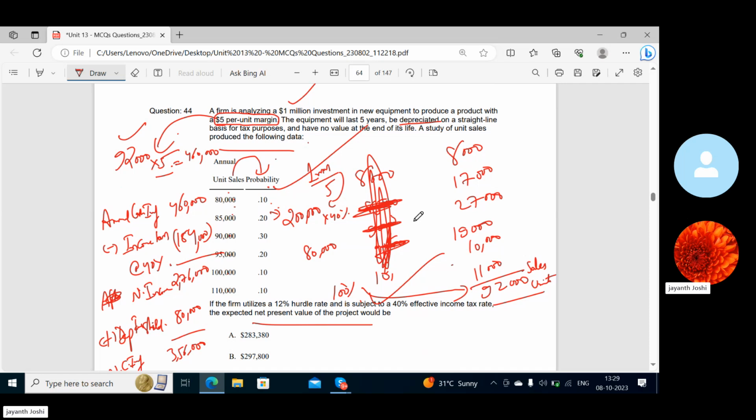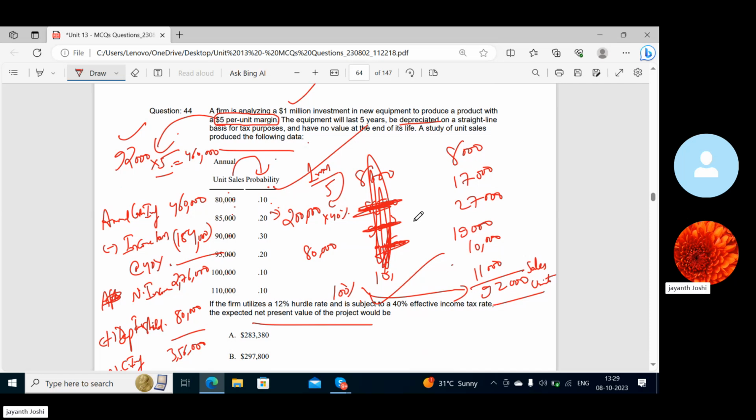Can you tell me what is the factor at the rate of 12% for 5 years? 3.605. Okay, 3.605, right? But the cash flows we are taking for 6 years, and the factor you have checked, right?